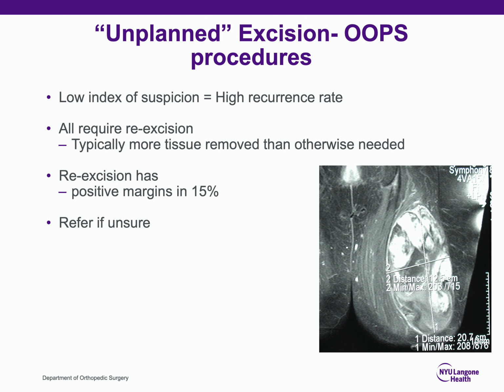Oftentimes that's because when a mass is removed intracapsularly or intralesionally, a lot of the tissue can get contaminated and spread around in the local area, so it's not unusual to get even a positive margin on a re-excision. And again, the principle here is that if there's a suspicious lump or bump and you're not sure what it is or how to treat it, it's probably better to refer it than to guess and treat it.